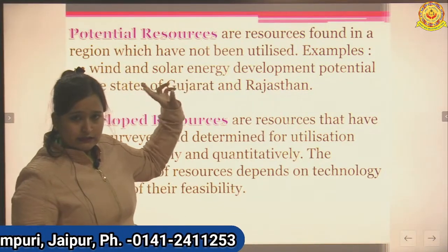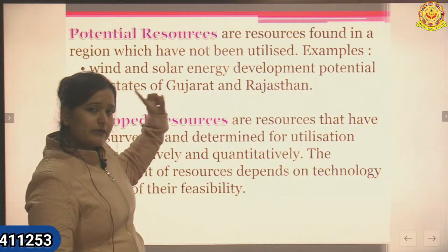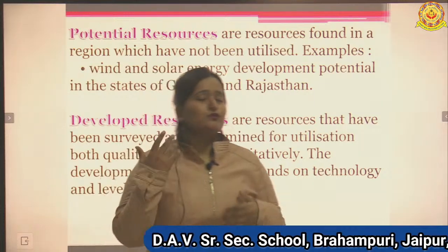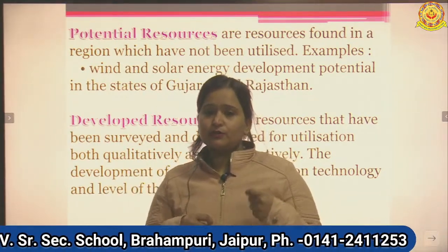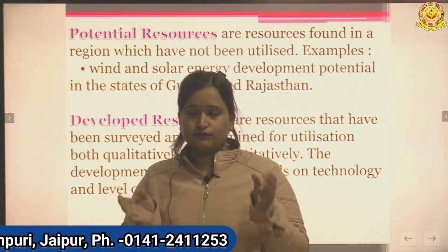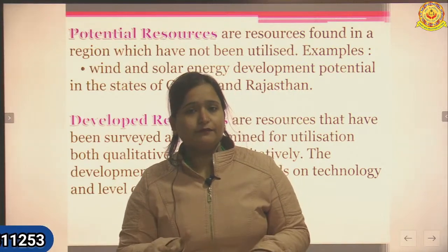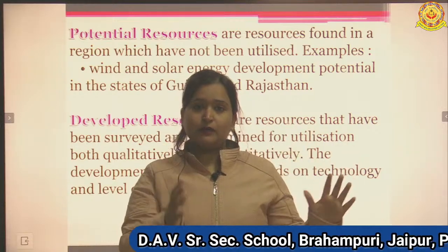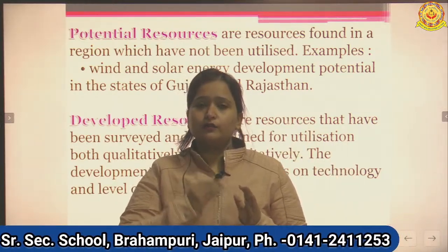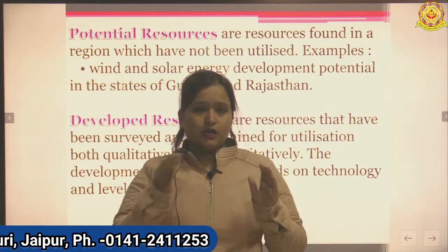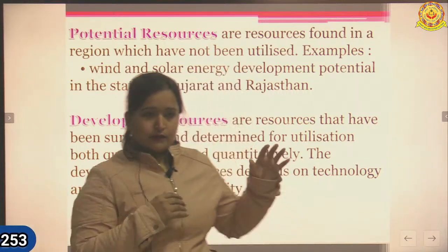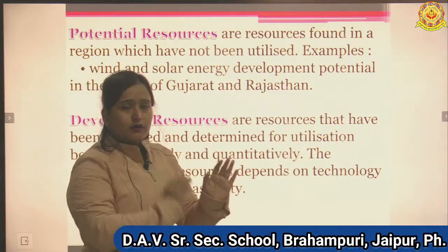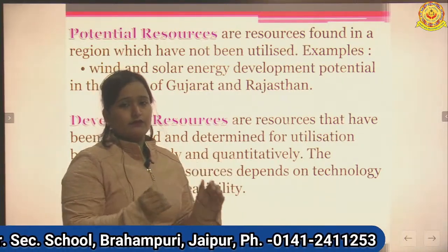First in this classification is the potential resources. What are potential resources? Potential resources are those which have already been found in a particular area in bulk amount, but we are not using them continuously. The resources have just been kept over there.